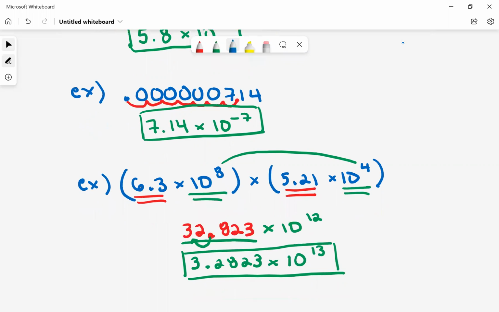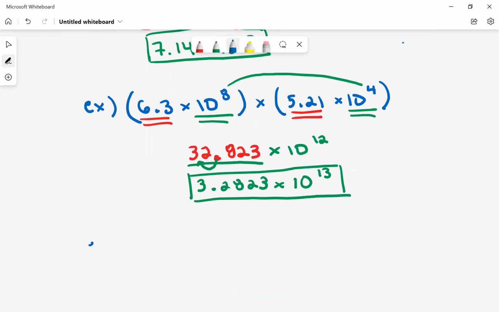Okay, so let's just try another one. Let's do one where we have a negative exponent, kind of a weird one, right? So let's say we have 1.55 times 10 to the 7.